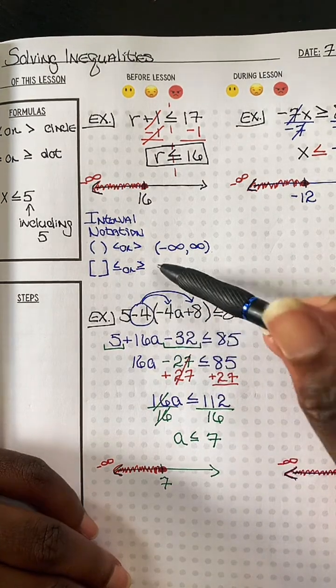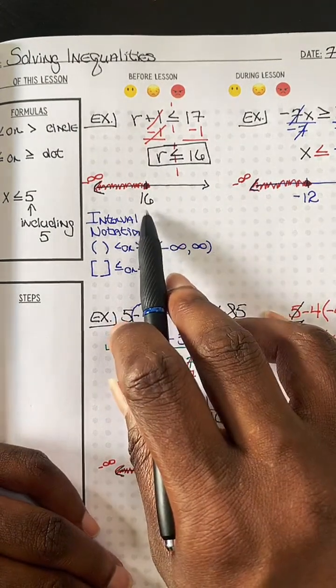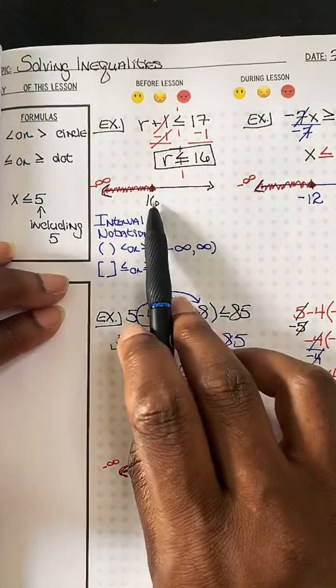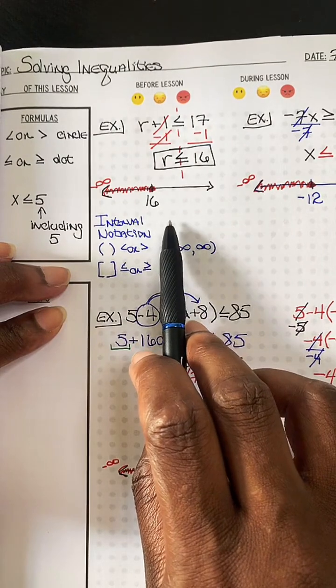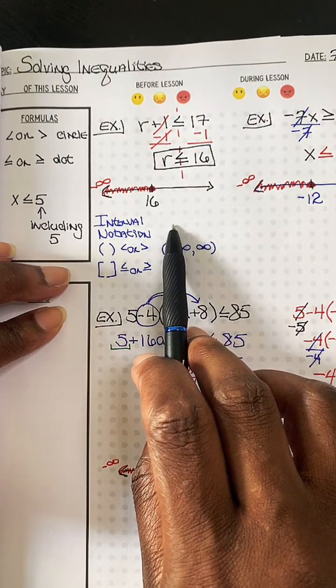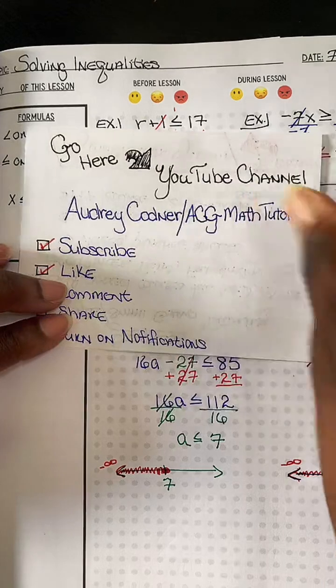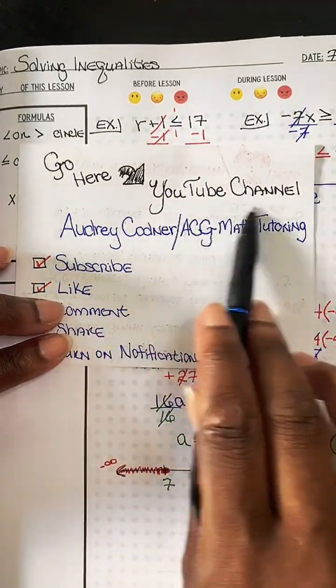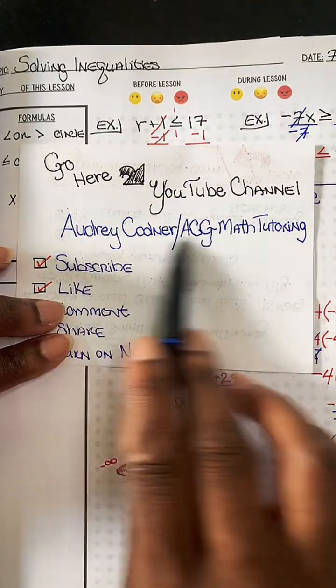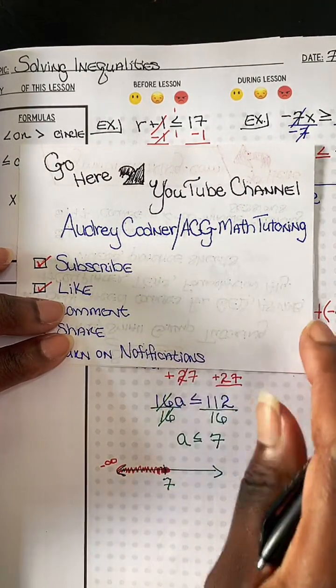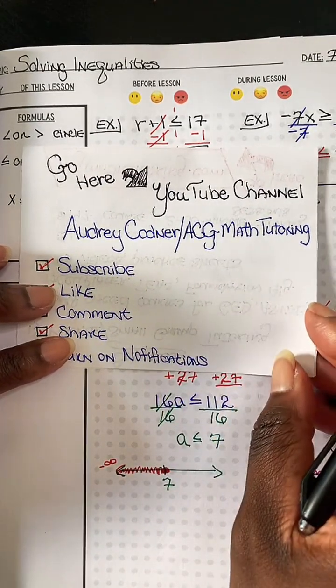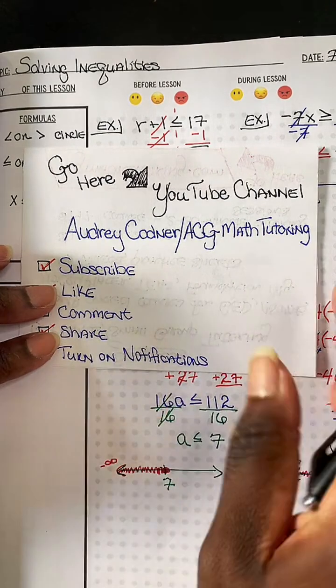When we're doing interval notation, always put your lowest number first. I've done this before, so if you go here and look up interval notation on my page, I actually did a live on it not too long ago, this month, so you can take a look at it.